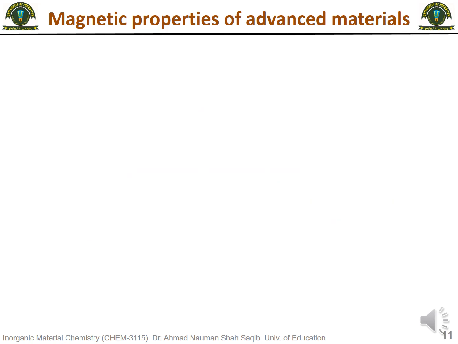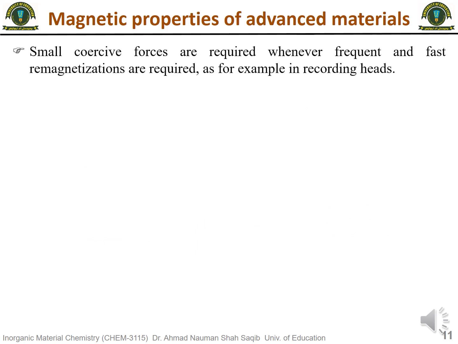Soft magnetic materials, which have small coercive forces, are required in other applications, for example in recording heads. Any application where you need fast and frequent remagnetization or demagnetization, there we use soft materials.